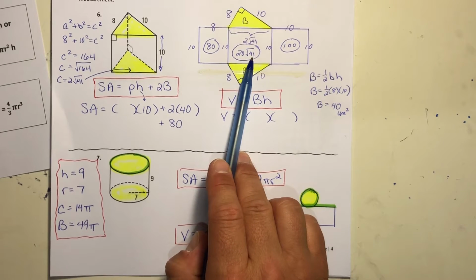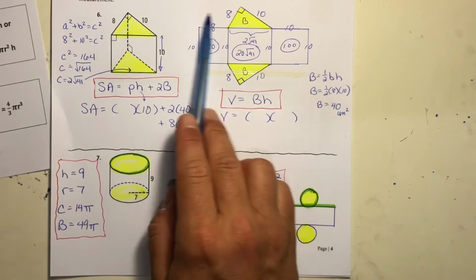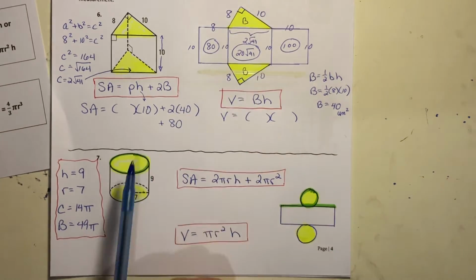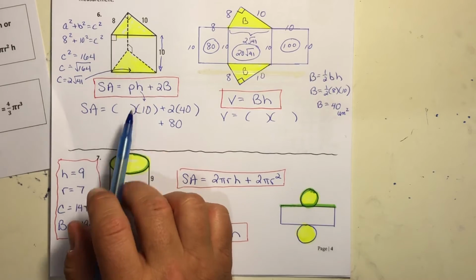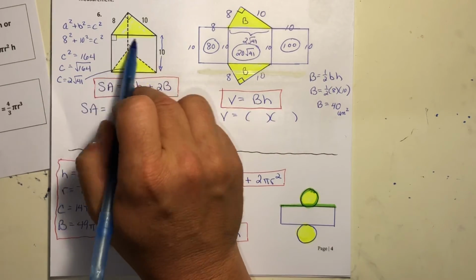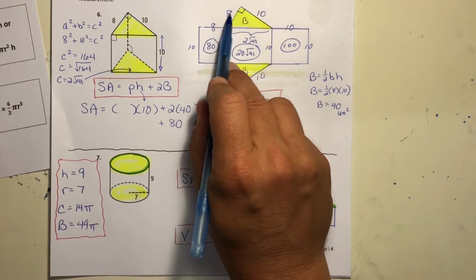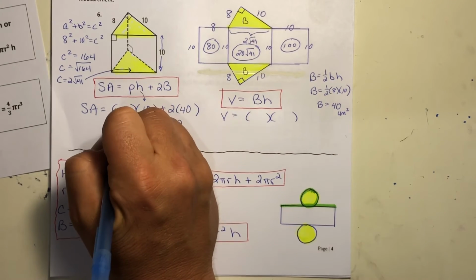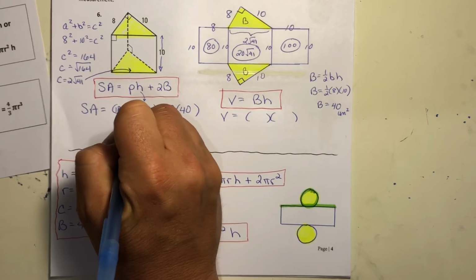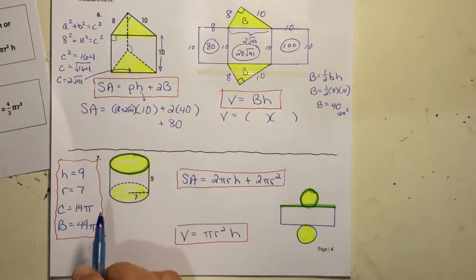You could literally just add up all these faces and get the total surface area, but I do want to practice using the formula. So what is the perimeter of my base? Well, it's going to be 8 plus 10, which is 18, plus 2 radical 41. So I'm going to write that in here: 18 plus 2 radical 41. You've got to write small.